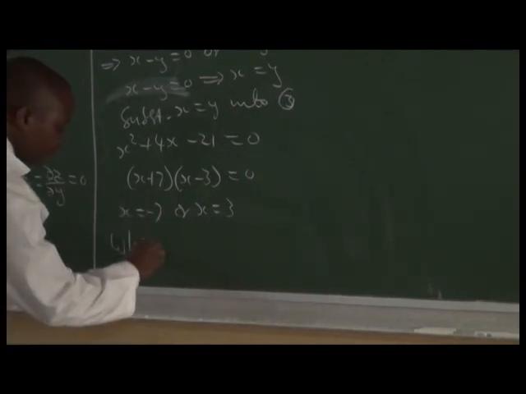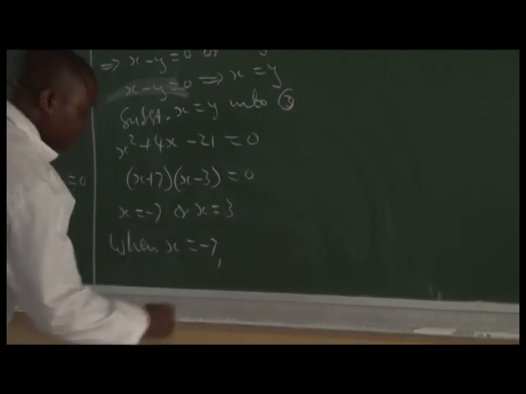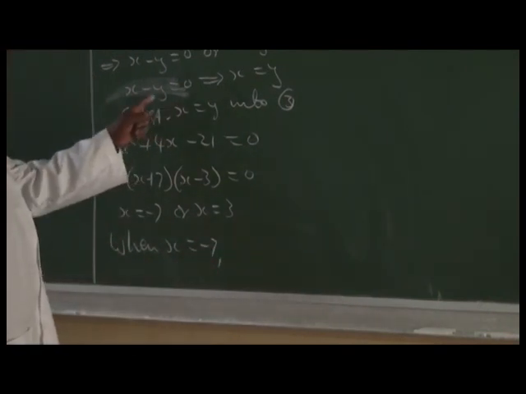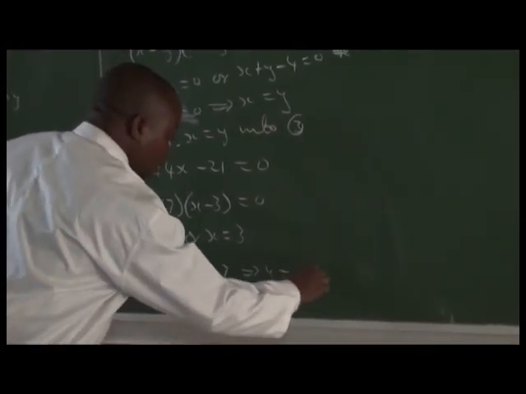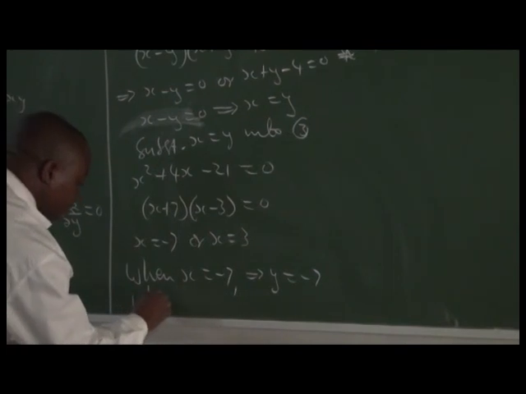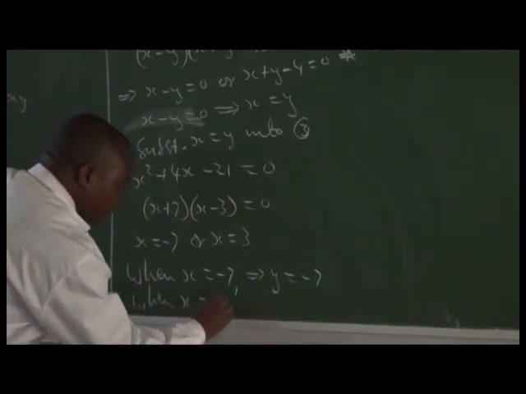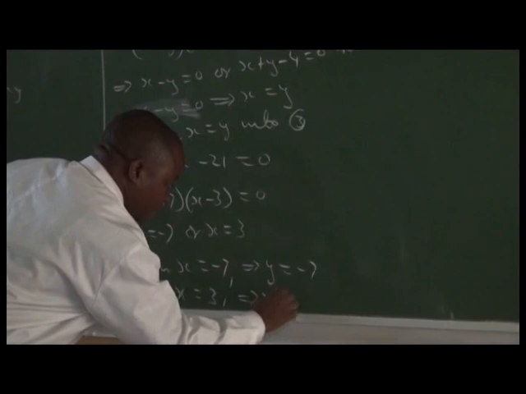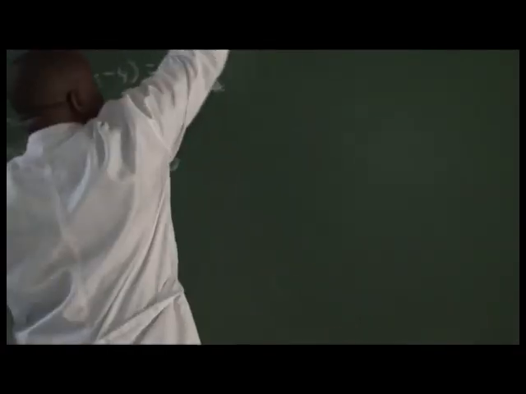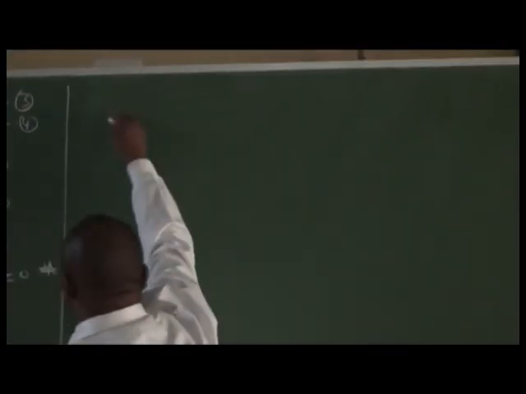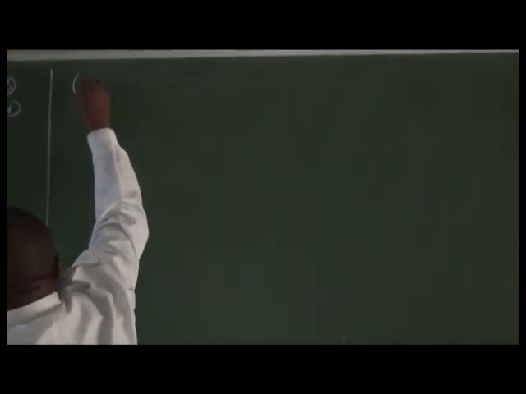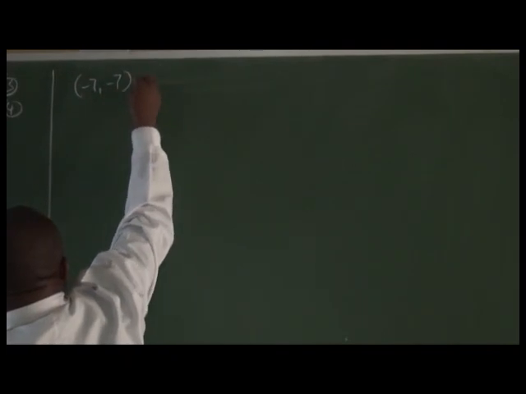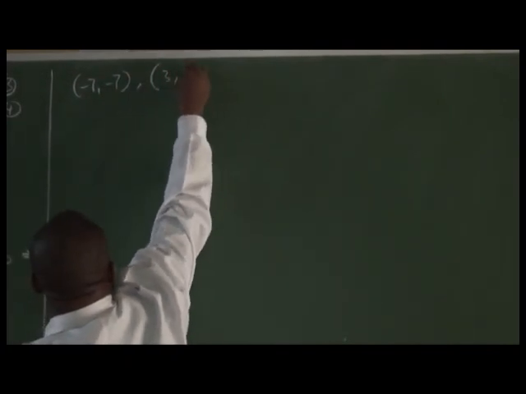So I have stationary points minus 7, minus 7 and another point 3, 3.